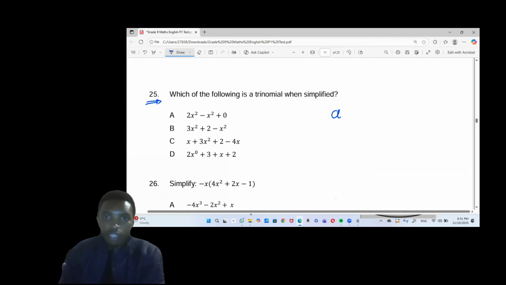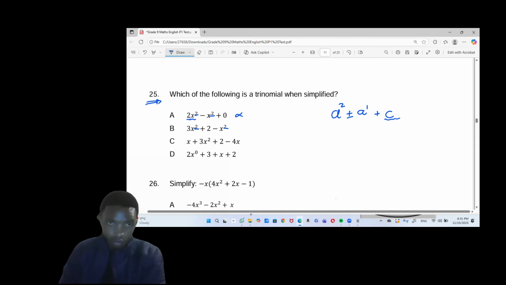A variable has to have a squared, a x squared, plus or minus b x, and then we have a constant term, correct? So what are we having for this one? We have a square. We also have a square. Is it trinomial? No, it's not. Here we have a square. Is it trinomial? No.